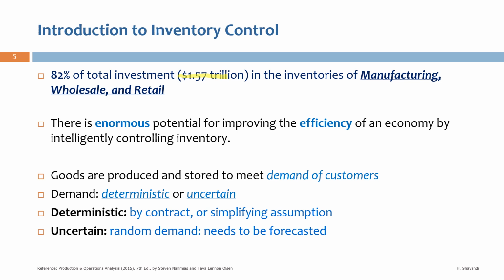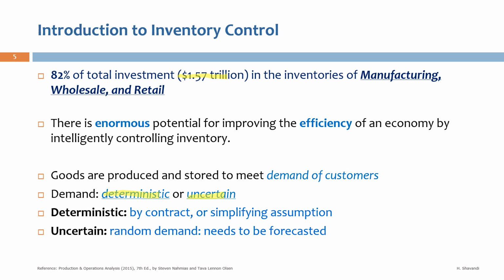So here the demand of customers plays the main role in our planning and controlling, or let's say in managing the inventory levels. Demand could be deterministic or uncertain.